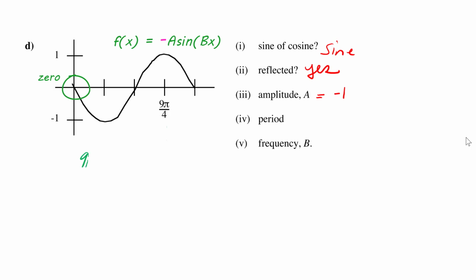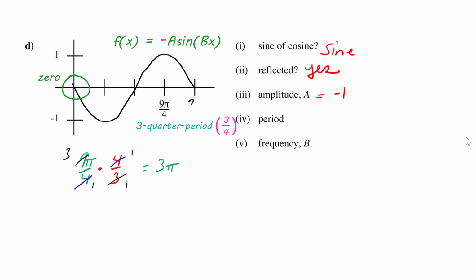We don't have the period right away. We have instead the 3/4 period. And that means that we need to multiply by the reciprocal of 3/4, which is 4/3. Divide out 4, divide out 3, and we're left with 3 pi.